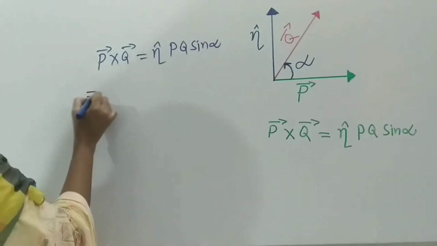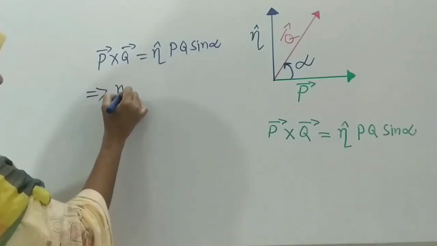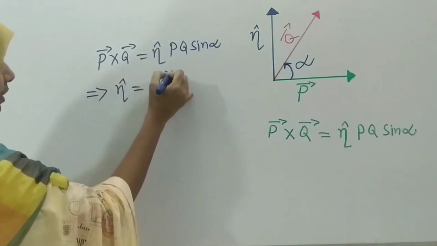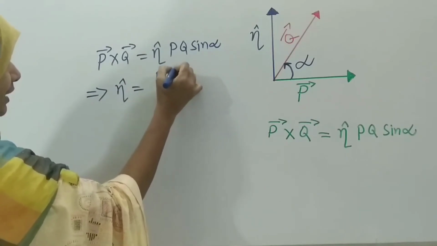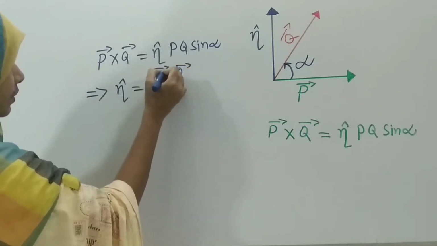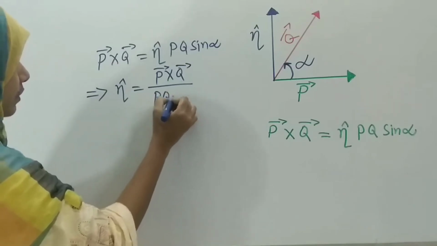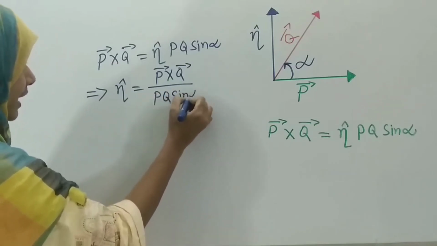So that eta is equal to P cross Q divided by PQ sin alpha.